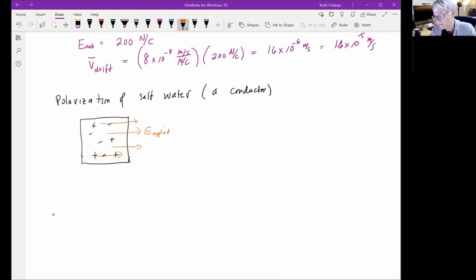So what's going to happen? Well, positive charges are going to move in the direction of the electric field, and negative charges are going to move in the opposite direction of the electric field. And so here's our applied electric field, which is still there.